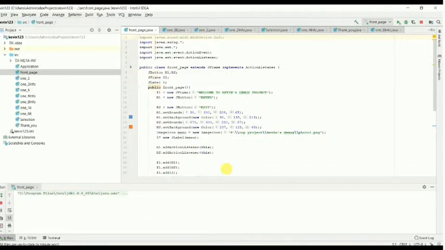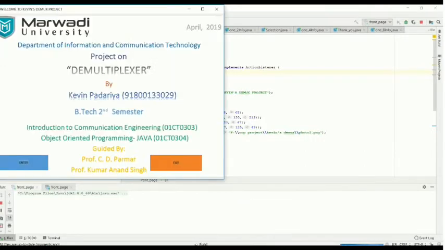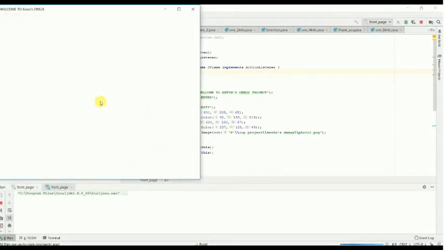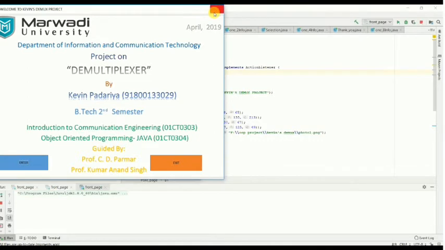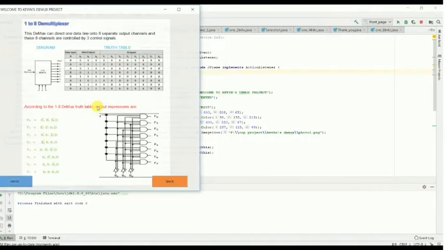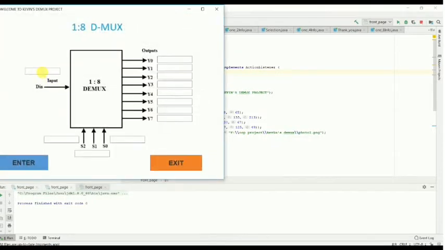So 0, 1, 1 in decimal is equal to 3, so it gives you output there. Okay, now enter 1, 1, 1. In decimal it is equal to y7.